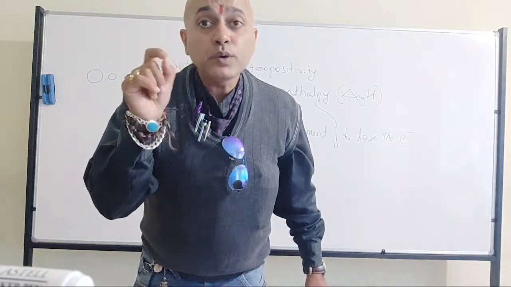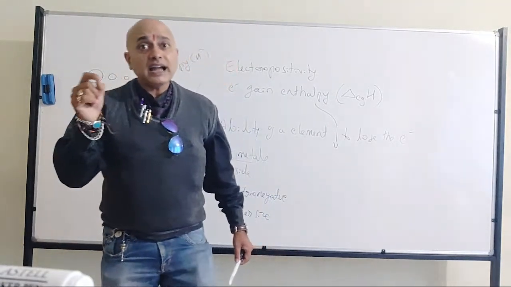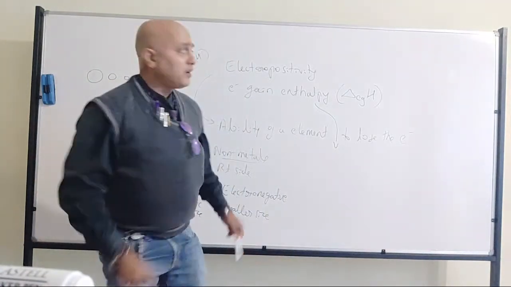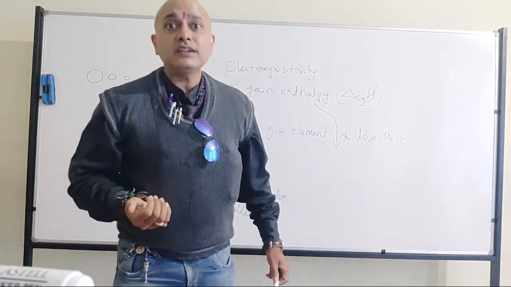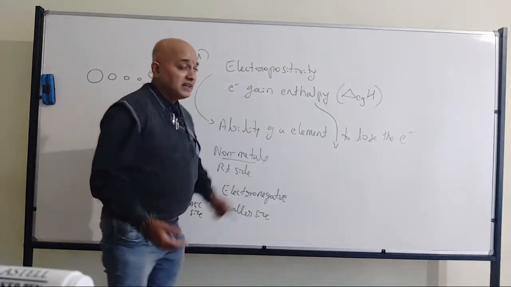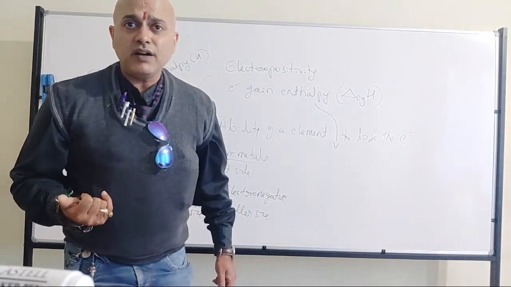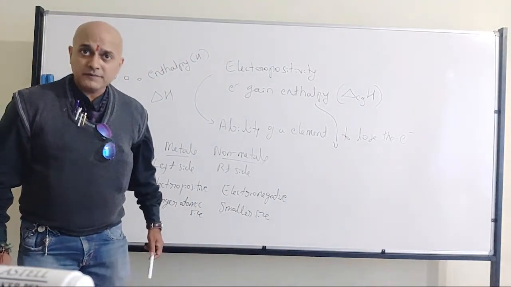They are crucial words. When I say electronegative, I am talking about attracting, not accepting. But when I talk about electron gain enthalpy, I am saying accepting or gaining the electron. Ability of element to accept the electron.